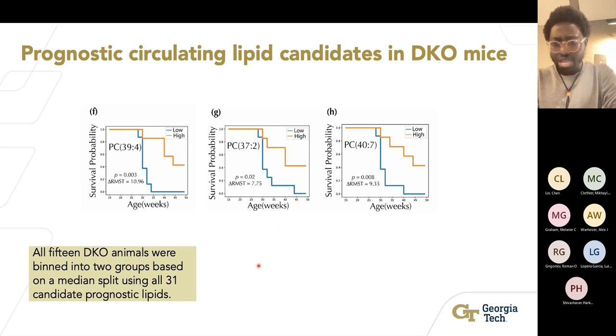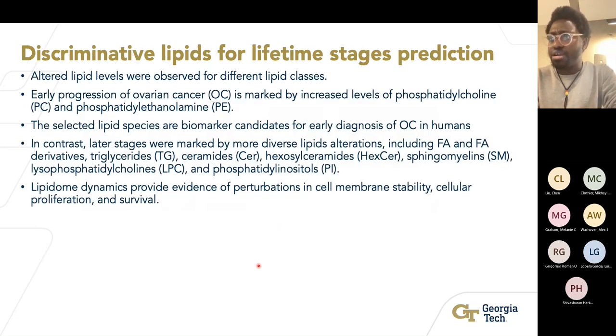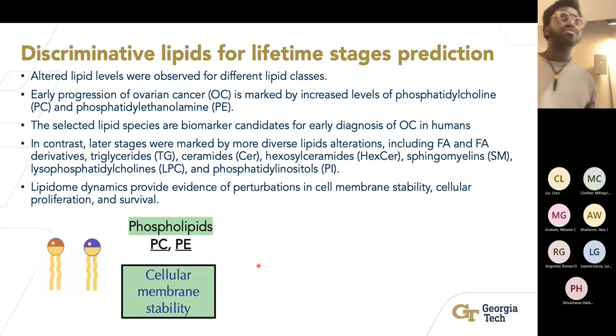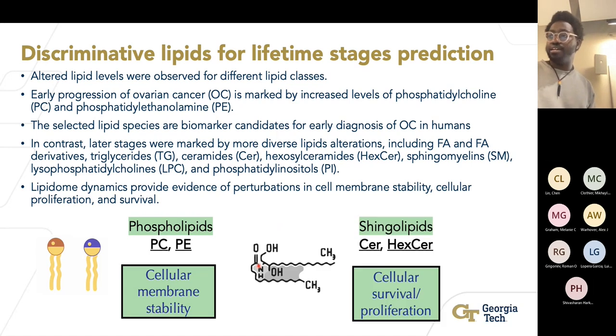Okay, so let me begin to round up this aspect of the talk by saying that we were able to identify lipid changes, and this is of course hypothesis going in, at the early stages, and I showed quite a number of results to support this evidence. We're seeing PC and PE going up. And these are phospholipids. They are important in cellular membrane stability, and that's why we're seeing that.